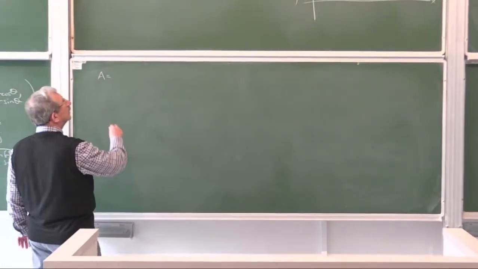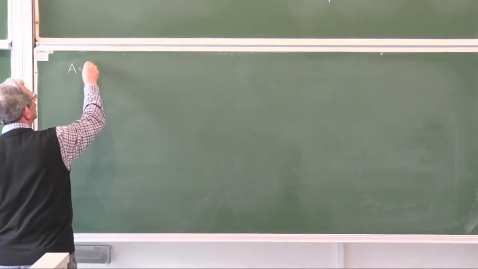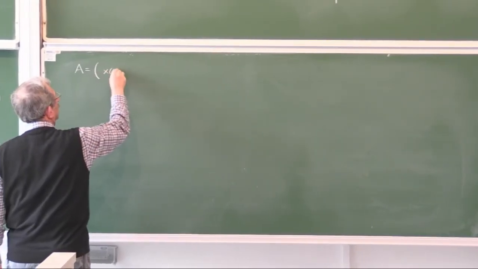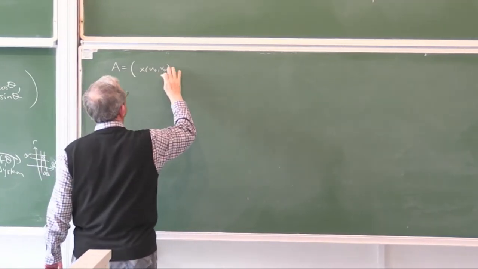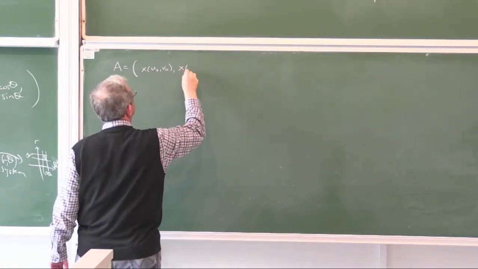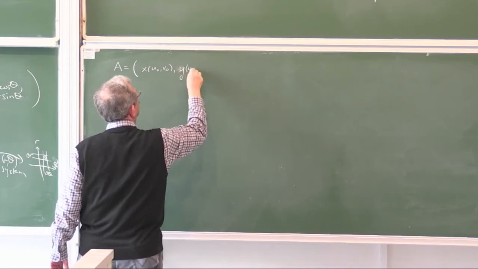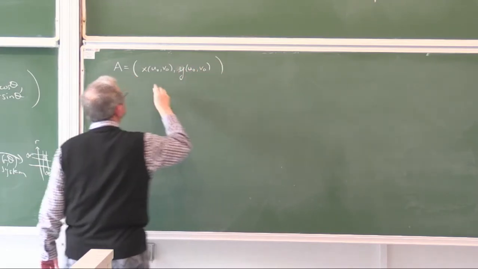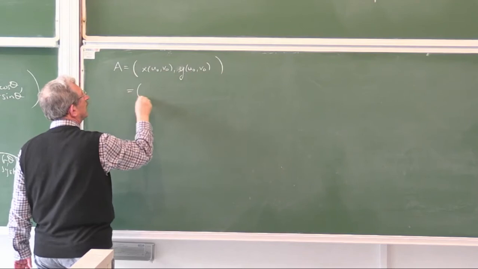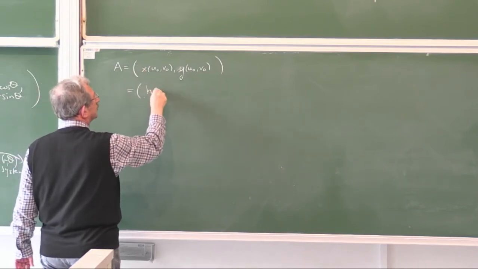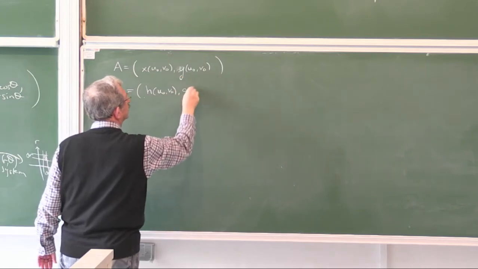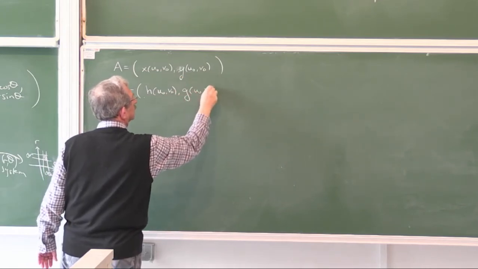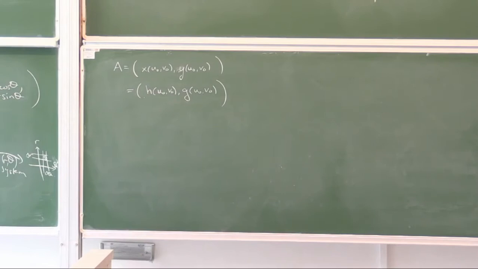So it is a point xy, which is, because x was the h function and the other one was the g function, h of U0, V0 and g of U0, V0. So the point A is this. Now, what is the point B?